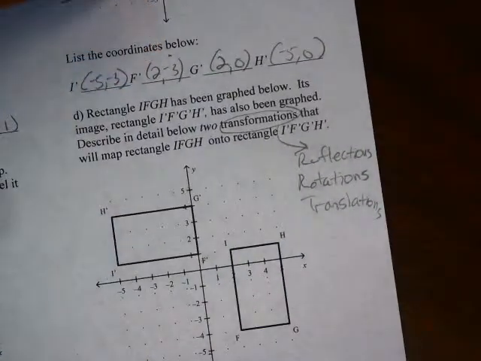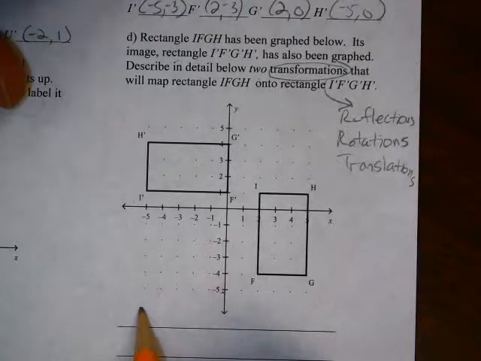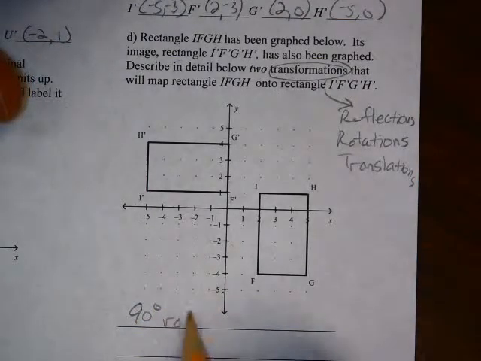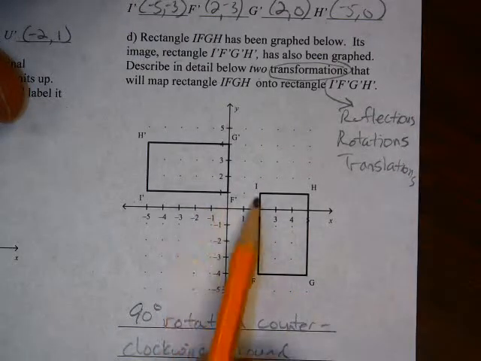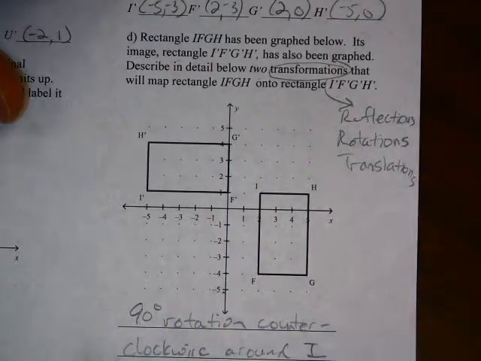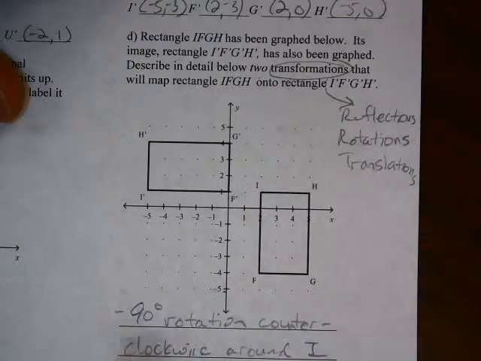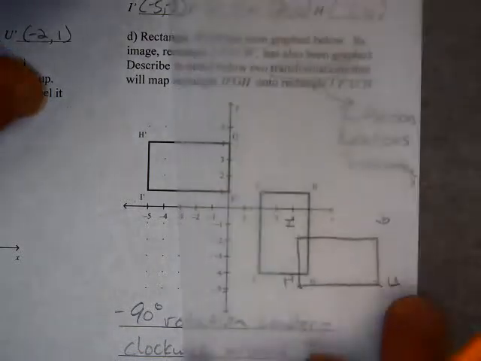So one of my moves is a 90-degree counterclockwise rotation around I, spinning around the point I. So there's a lot of detail you need here: 90-degree counterclockwise rotation around I.